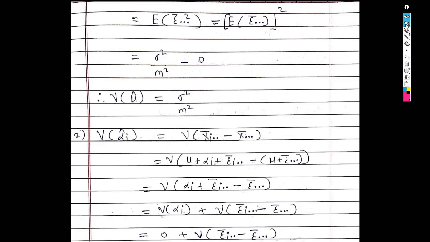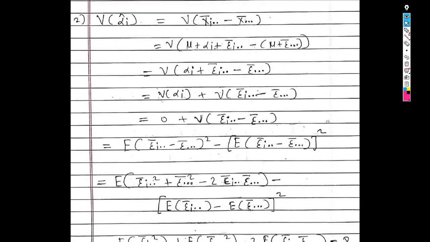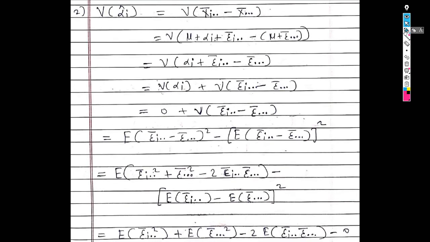Now we will discuss the variance of alpha i hat, that is the ith row effect. So the variance of alpha i hat. Now we know that alpha i hat is the ith row mean minus the grand mean. So consider the variance of this term. Now x i dot dot bar can be written as mu plus alpha i plus epsilon i dot dot bar, minus this grand mean, which can be written as mu plus epsilon dot dot dot bar.